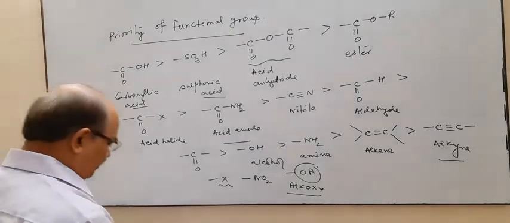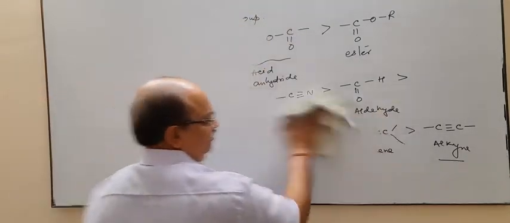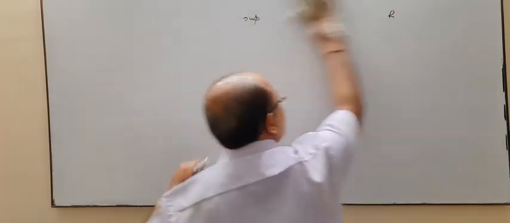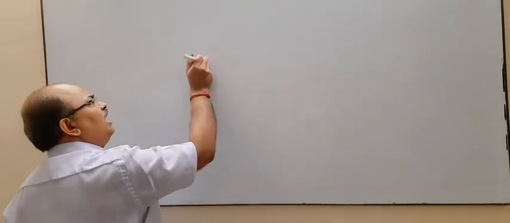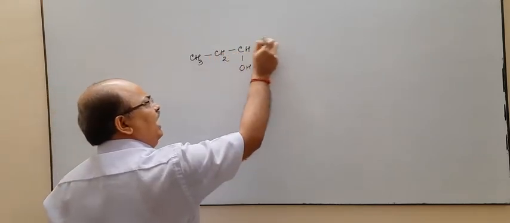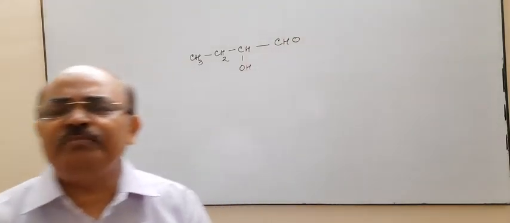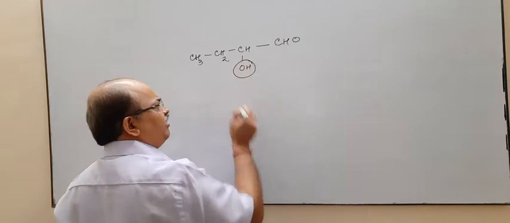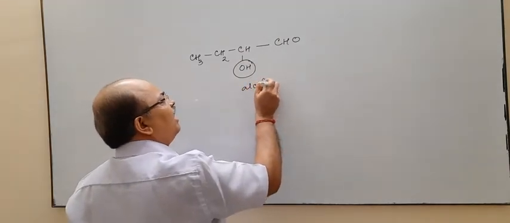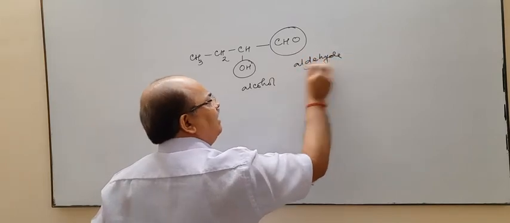For example, let us observe some examples. If we have a compound like CH3, CH2, CHOH and CHO. Now in this compound we have two different functional groups. One is alcohol and another is CHO, that is your aldehyde.